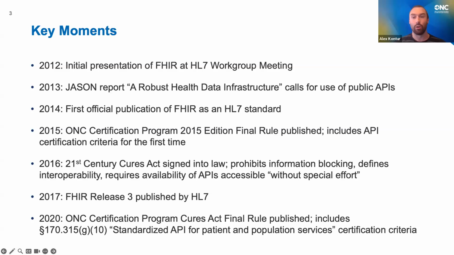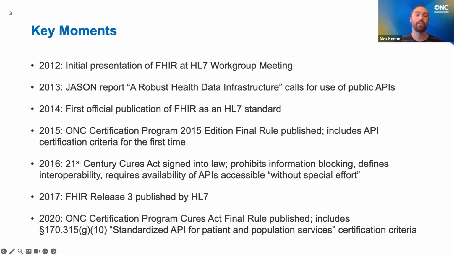HL7 has since done away with that nomenclature, but there was a lot of activity in the software development space working with FHIR Release 3, where there hadn't been before. And then I think, not listed here, in 2019, FHIR Release 4 was also published by HL7.